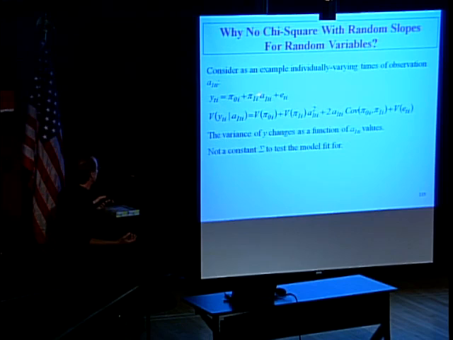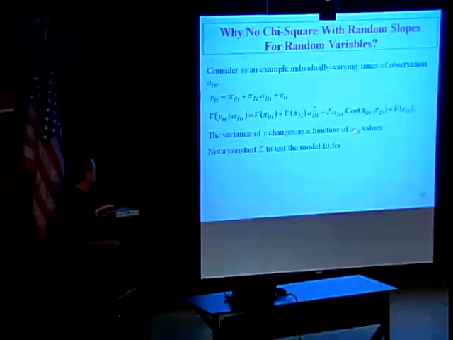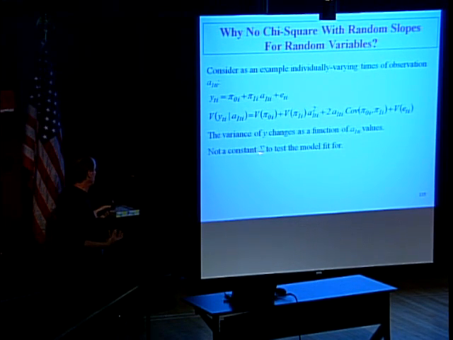And because of that, if you look at the variance given that time score, it's the variance of the intercept growth factor, plus the variance of the slope growth factor times A squared, plus a covariance term. But the fact that the variance changes as a function of the time scores means that there is not a constant population covariance matrix sigma.